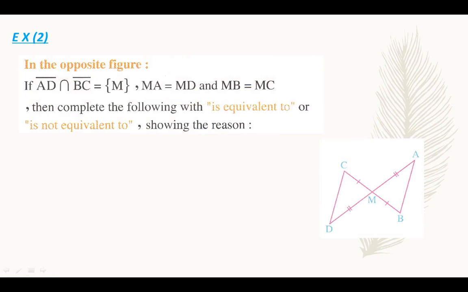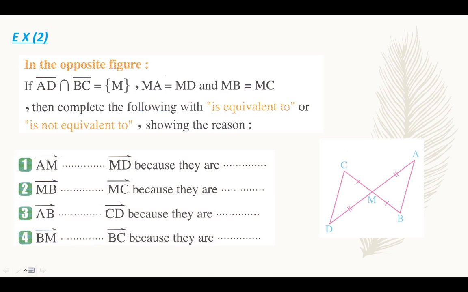In the opposite figure, line segment AD intersects line segment BC at the point M. MA equals MD, MB equals MC. Then complete the following with equivalent or not equivalent, showing the reason. Okay, let's go.